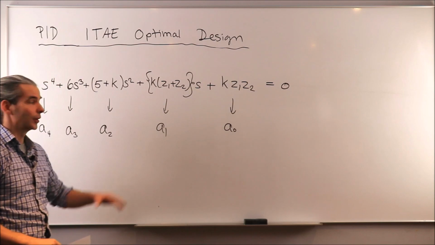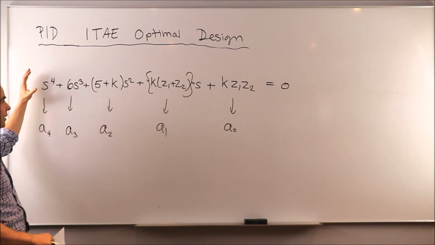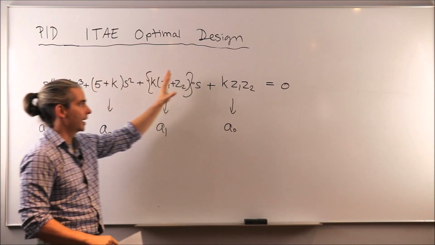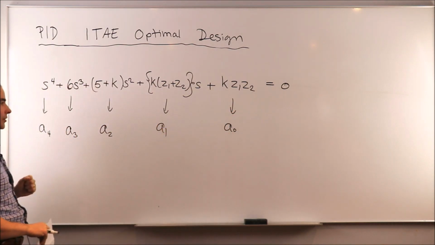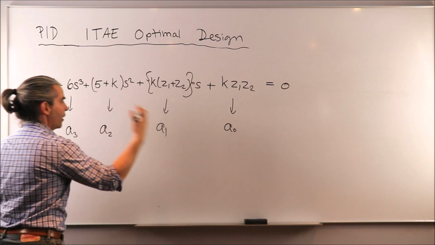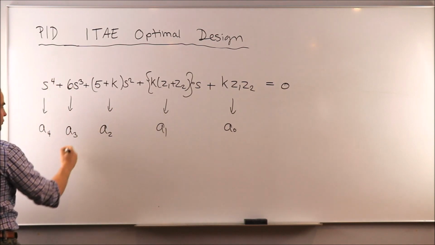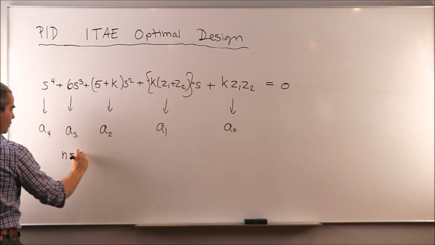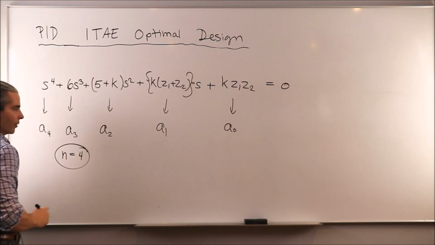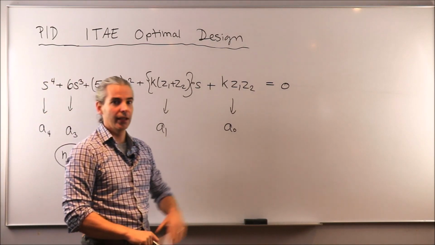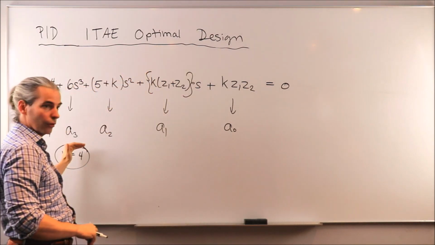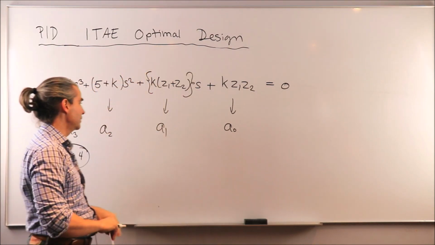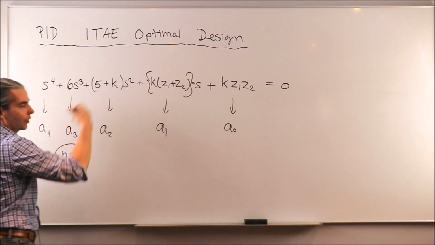Because now I have reorganized my characteristic equation in the right polynomial form that I needed in order to extract those AJ coefficients, remember? And now all I have to do, well, obviously this is order 4, n equal to 4, is to go back to the big table I had drawn previously, select the row for n equal 4, and do the mapping between those coefficients and what we had in the table.